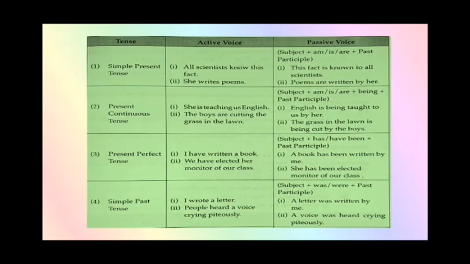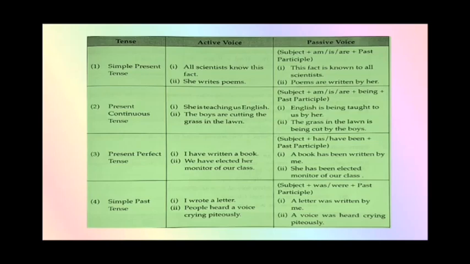Second sentence in the active voice for the same tense, we have, elected her monitor of our class. In the passive voice, we have she has been elected monitor of our class. We have "has been". Now next tense is the simple past tense.